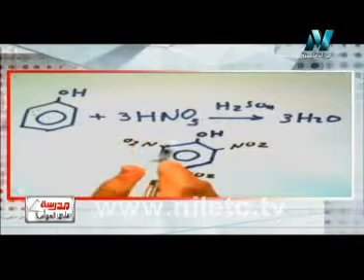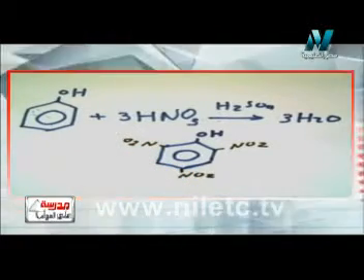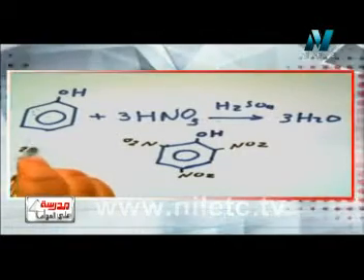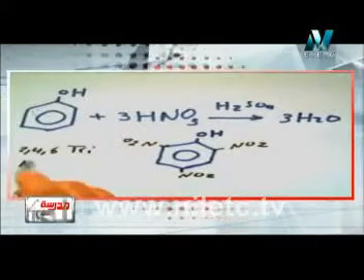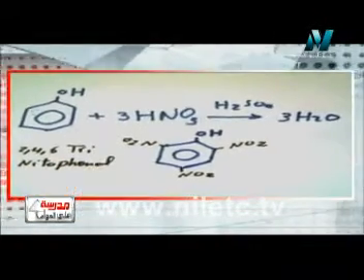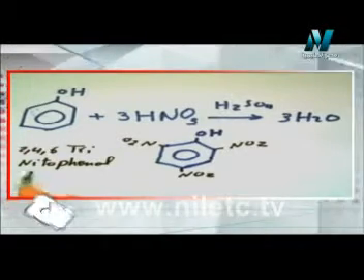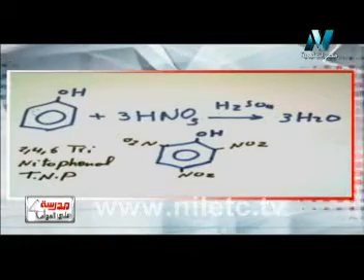Take care, N is attached to the benzene ring. This compound is called 2,4,6-trinitrophenol, TNP. Also it is called picric acid.